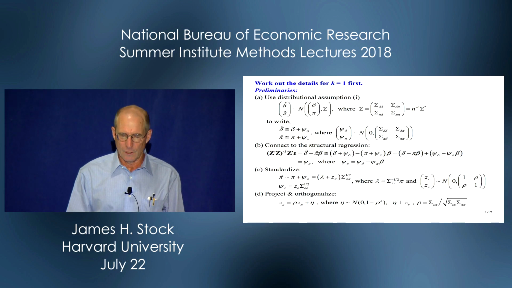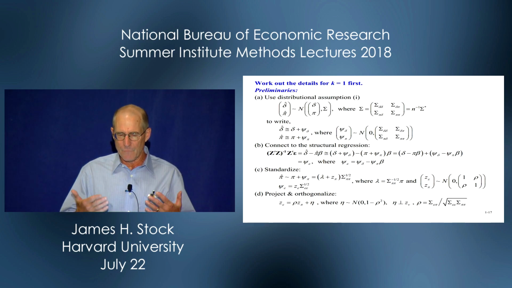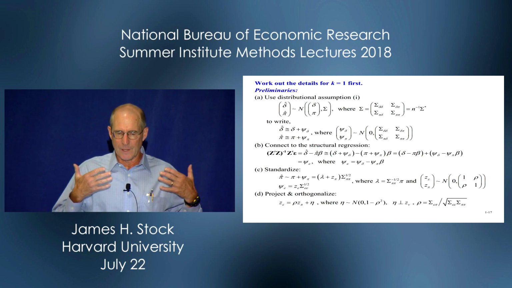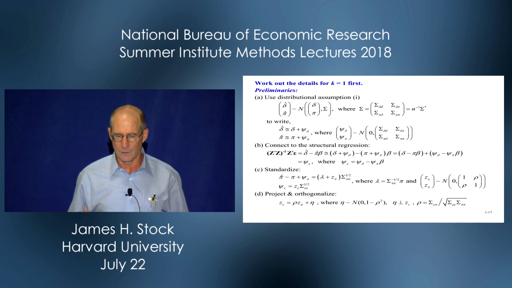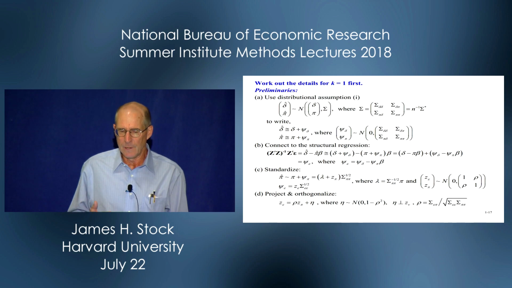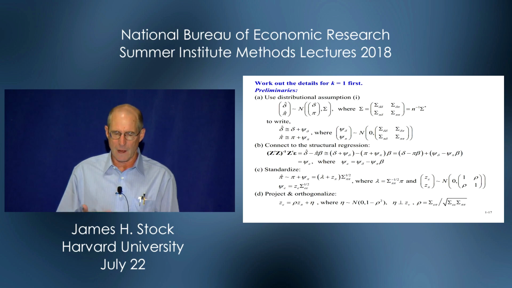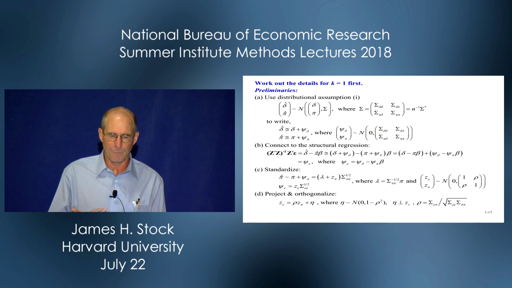It's very convenient to have something like an OLS regression of Z on the epsilons, epsilon being the errors in the structural regression. So that's something that comes up in the algebra. I'm going to give that a name, psi sub epsilon, and it actually can be expressed as a linear combination of the delta hats and the pi hats. It's actually delta hat minus pi hat beta.